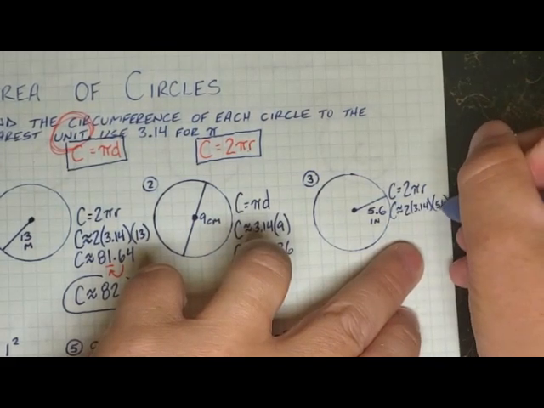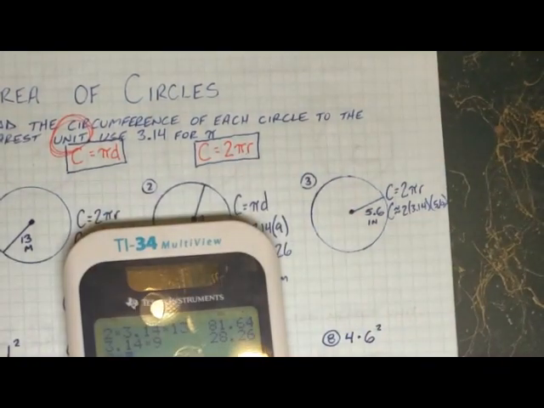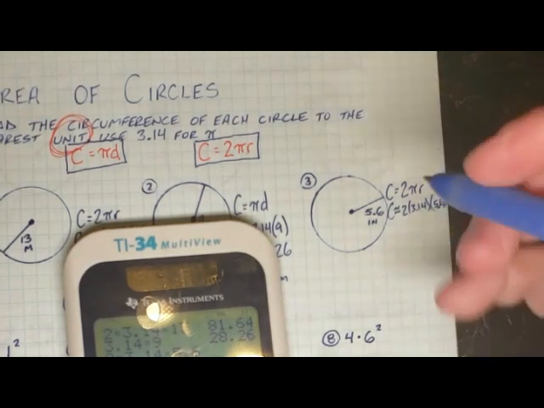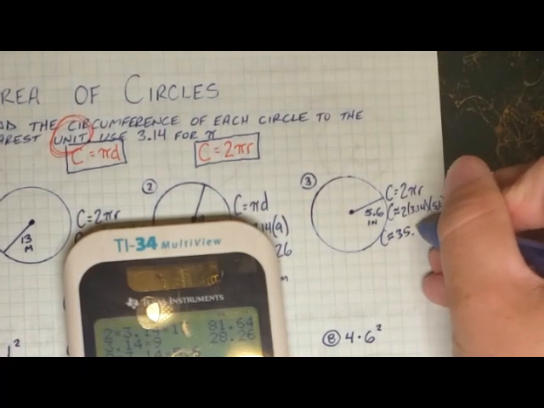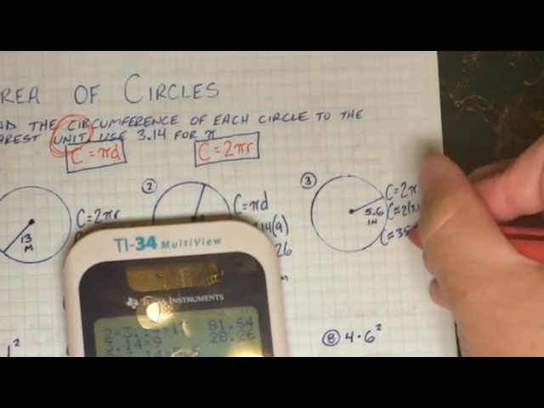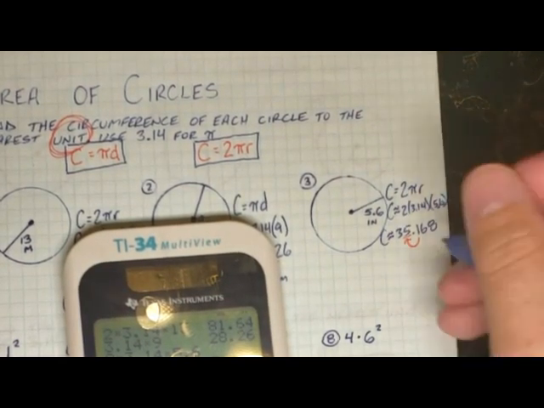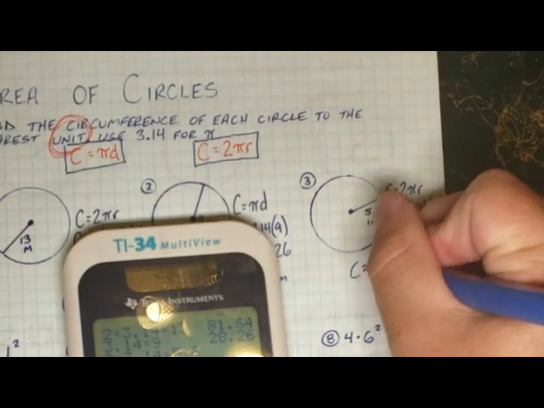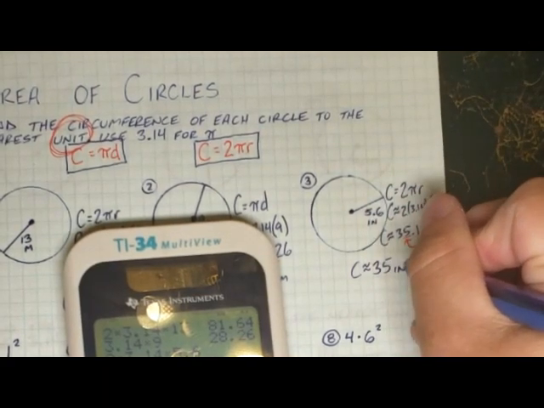Oof. 2 times 3.14 times 5.6 is 35.168. The 5 is in the ones place. The 1 lets the 5 stay a 5, so the circumference is about 35 inches.